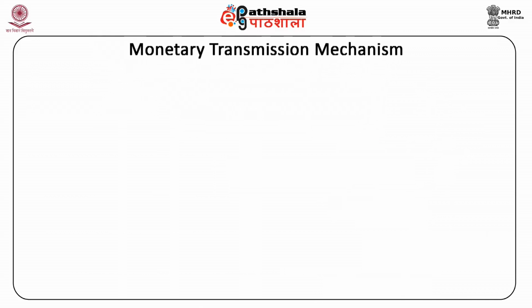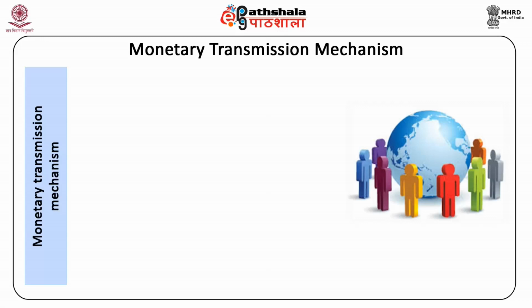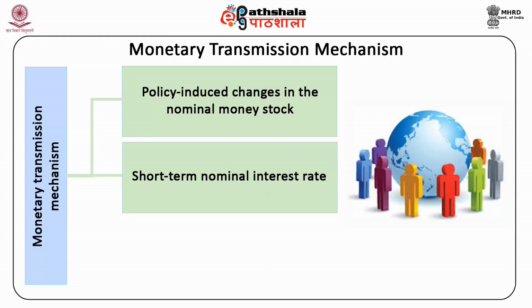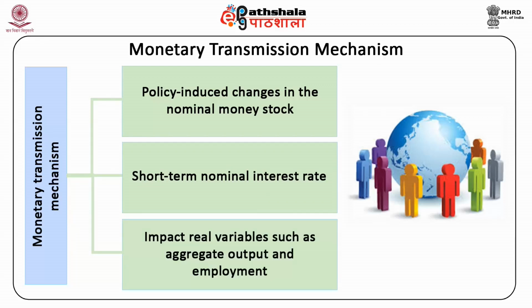Coming on to the concept of the monetary transmission mechanism. The monetary transmission mechanism describes the process by which policy-induced changes in the nominal money stock or the short-term nominal interest rate impact real variables such as aggregate output and employment.